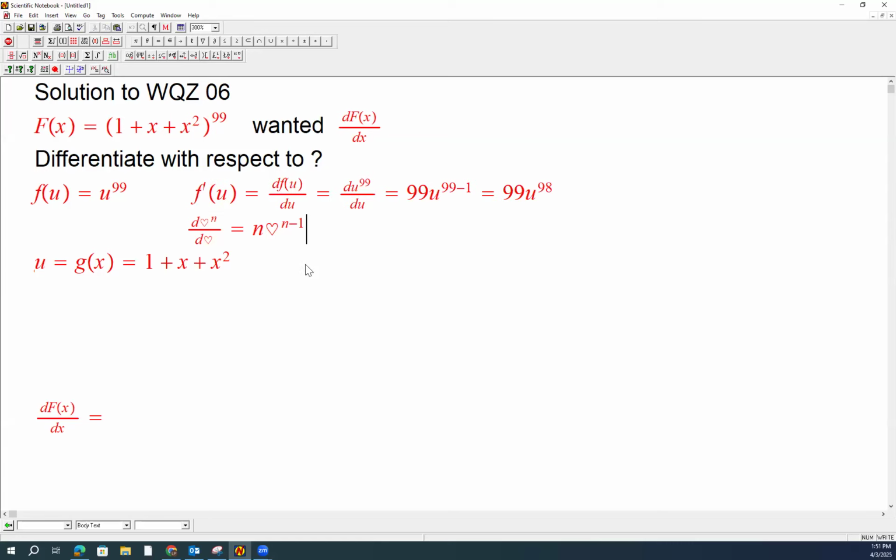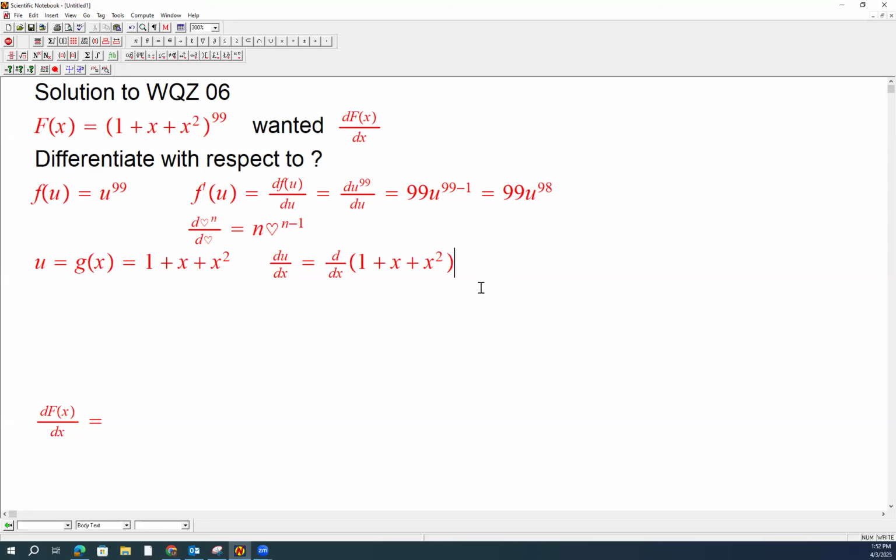Now we're going to do du dx. We have a u, and obviously we're going to replace u by its equal. So u equals this piece. We can write it down on the side like that.